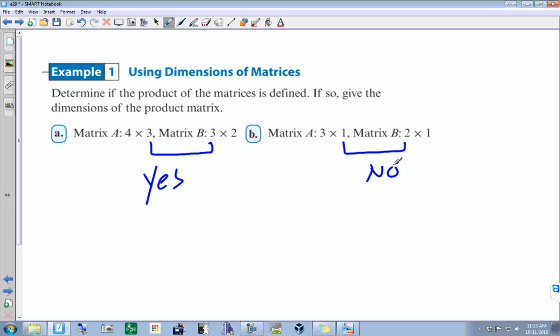Even if I were to go and change the order, I still would not be able to multiply them together, because that would end up giving me a 2 by 1 multiplied by a 3 by 1, even those ones. So again, keep that in mind.